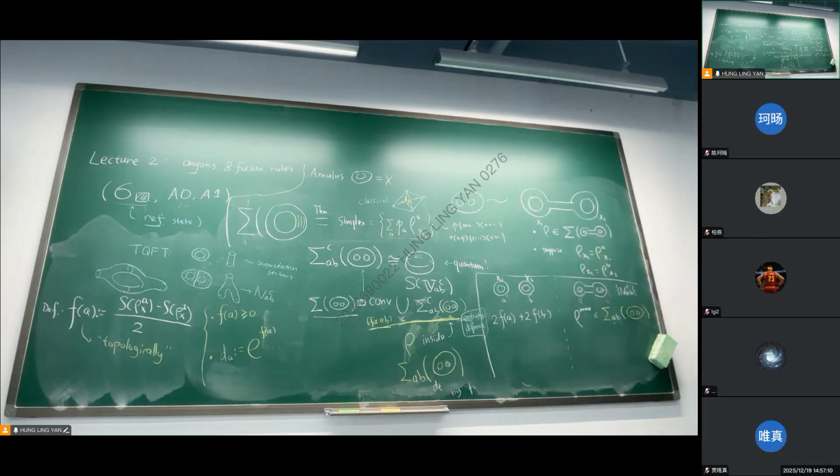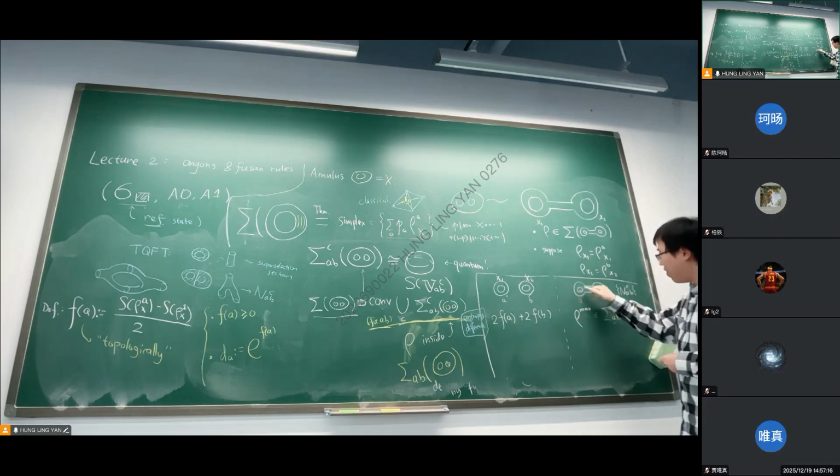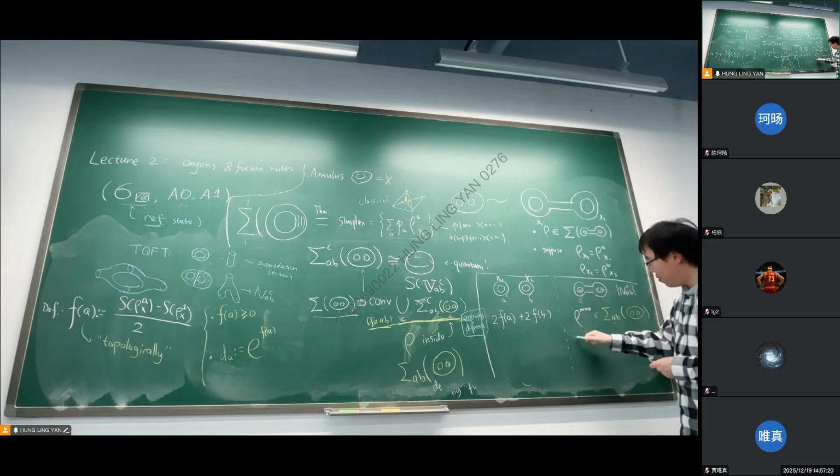On this side, we see a disk, so we have three entanglement boundaries, and we have A and B fixed. So the entropy difference will have a different expression.